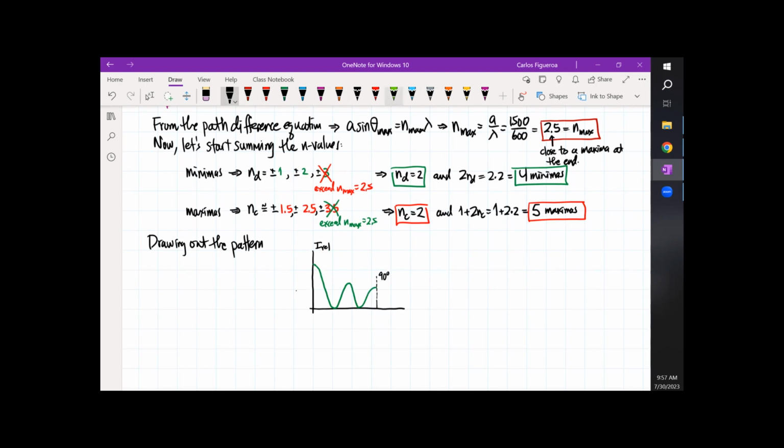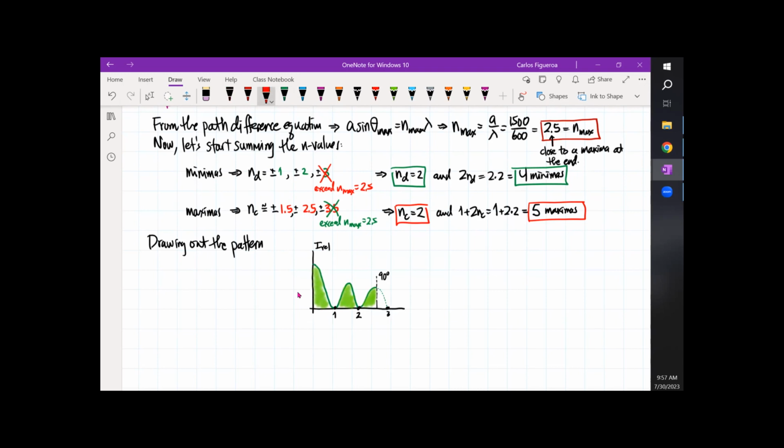If I start labeling these, it looks like this. This one is 1, this one is 2. And by the way, if I kept following this, this point would be 3, but that doesn't make any sense.